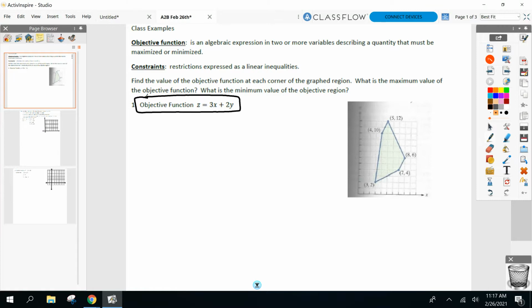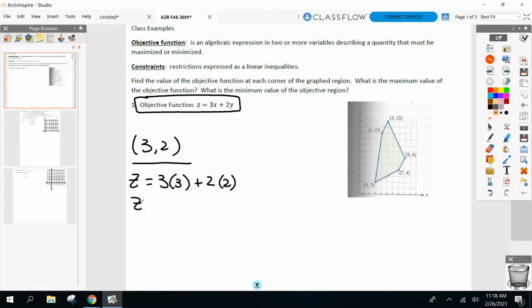So for example, 3, 2 is a point on the outside of that shaded region. I'm going to plug 3 in for x, 2 in for y into the objective function and see what I get out for z. So z equals 3 times my x value, 3, plus 2 times my y value, 2.